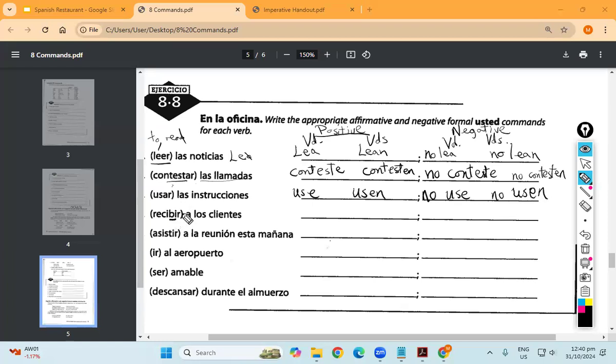Okay, recibir, receive the clients, like I guess group them, bring them into the space, reciba a los clientes, reciban a los clientes. And then the no form, no reciba, no reciban, right?